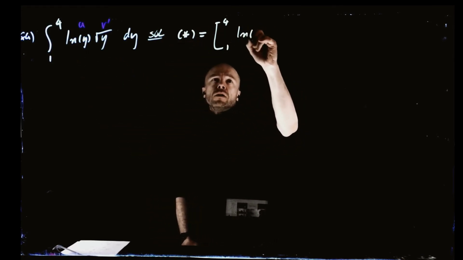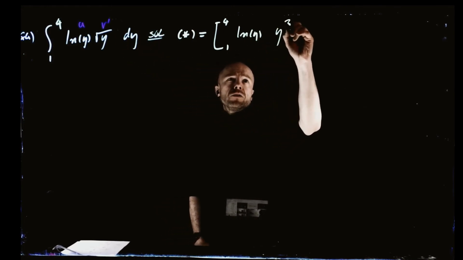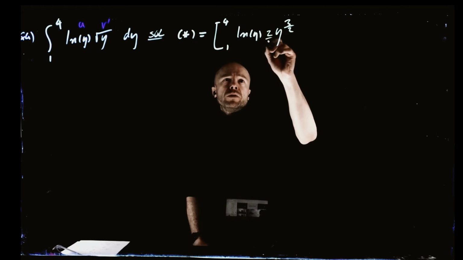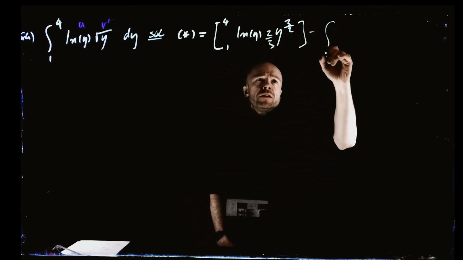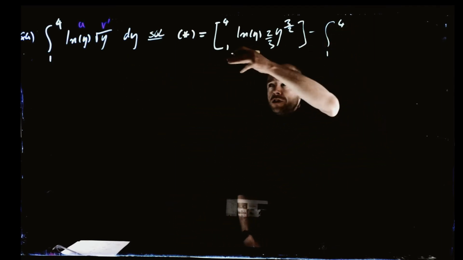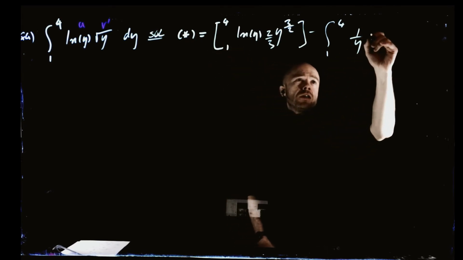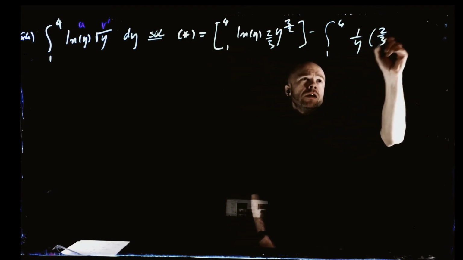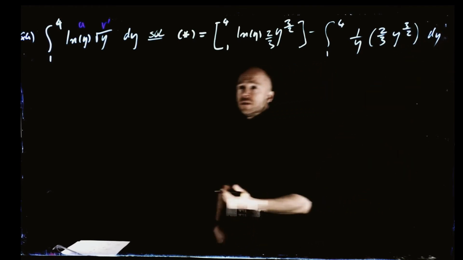So it's going to be log of y, and the antiderivative of v is y to the 3 over 2 times 2 over 3. And then minus the integral from 1 to 4. Then we differentiate u, we're going to have 1 over y. The antiderivative of this thing is again 2 over 3 y to the 3 over 2 dy, and then it's in a form we can do.